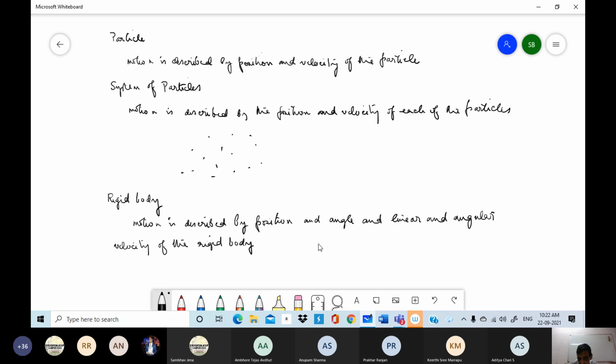So a few gross coordinates specify the position and the rate of change of position of the rigid body.